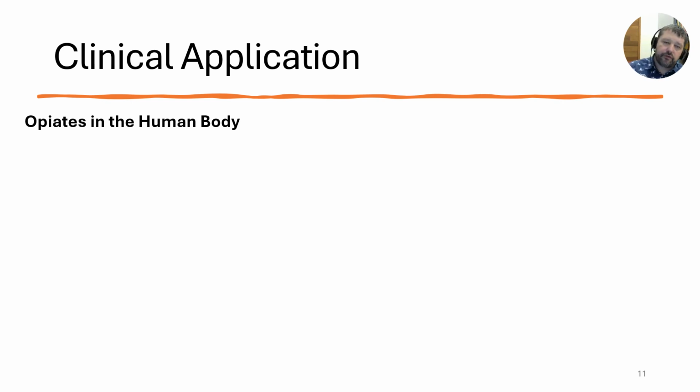So let's look at an example of something that's very, very common and can be a huge problem, especially in the United States, and that's opioids or opiates.